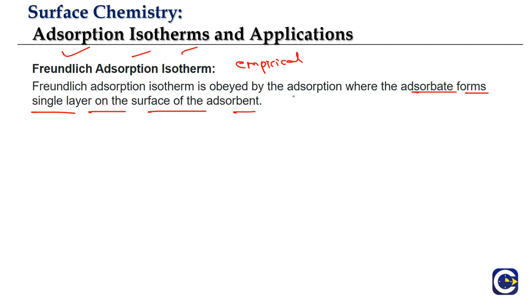So the extent of adsorption is going to be eventually limited, and this is different from the general phenomena of physical adsorption, because general physical adsorption is a multi-layer phenomenon. We even talked about this in the properties of the physical adsorption, but here the Freundlich adsorption isotherm considers that there is only going to be one layer of adsorbate on the surface of the adsorbent.